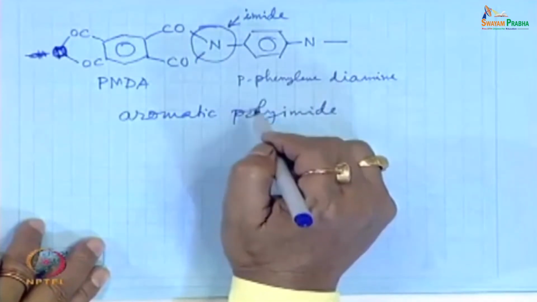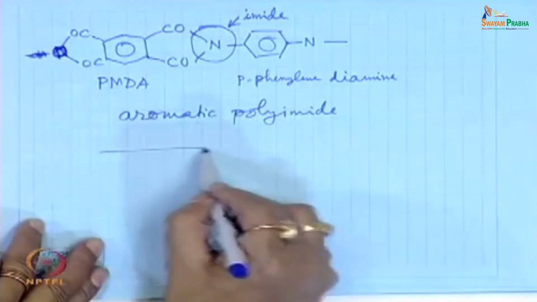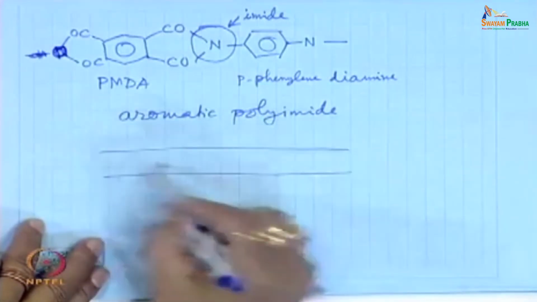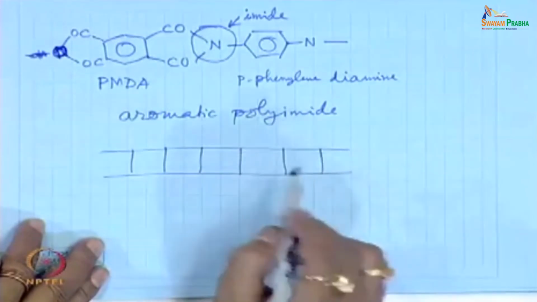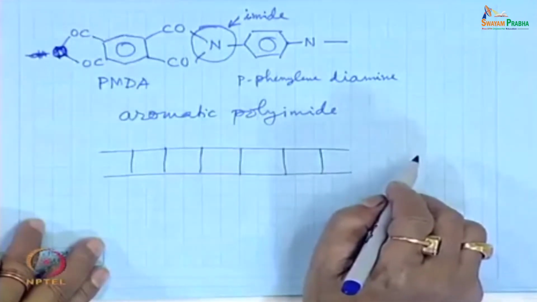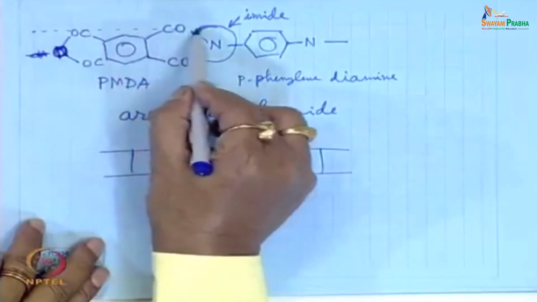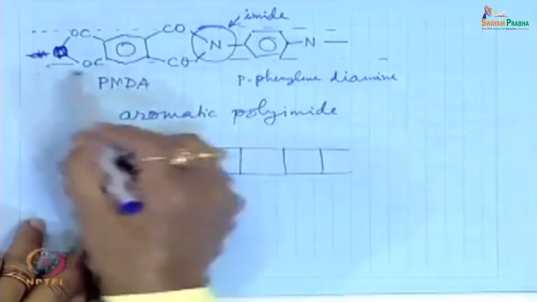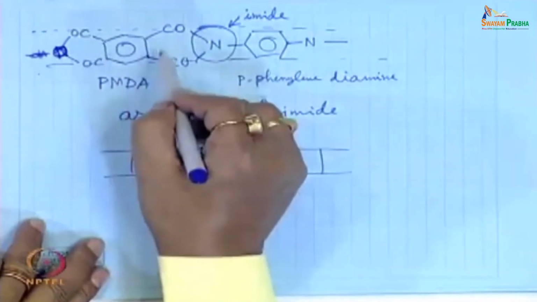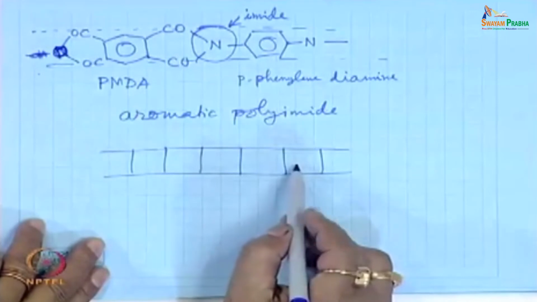These are further thermally stable polymer, and it leads to a double strand polymer like this. If you imagine this way, it is called a multi-strand polymer or double strand polymer. So this is a carbon chain, this is another carbon chain where these 2 chains are interlinked like this.